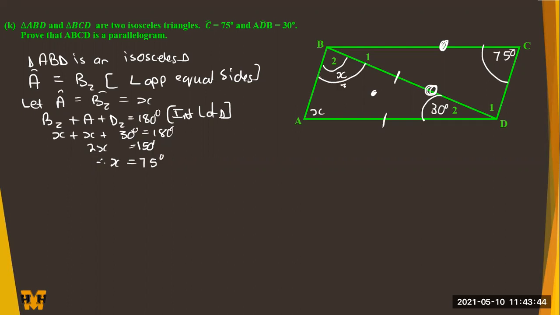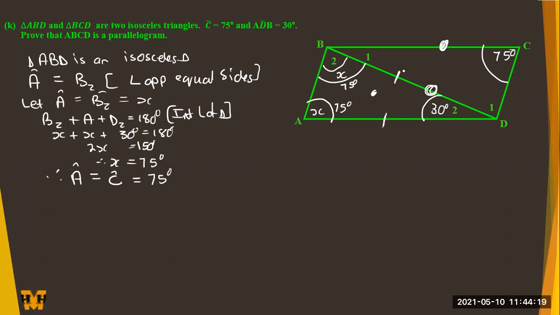Now we can fill it in. 75 degrees and 75 degrees. And voila. What do we have here? Angle C was given that it's 75 degrees. So now at least we're halfway there, because we can now say angle A is equal to angle C. So therefore, angle A is equal to angle C is equal to 75 degrees.